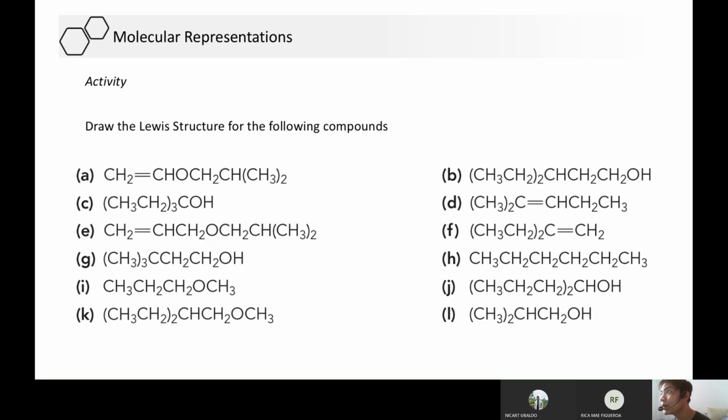Looking at letter B, may dalawa daw na CH3, CH2. So, drawing muna natin itong CH3, CH2. Yan, CH3, CH2. May dalawang ganyan na nakadugtong sa carbon na to. Ayan. May dalawang ganyan na nakadugtong doon sa C na yun.